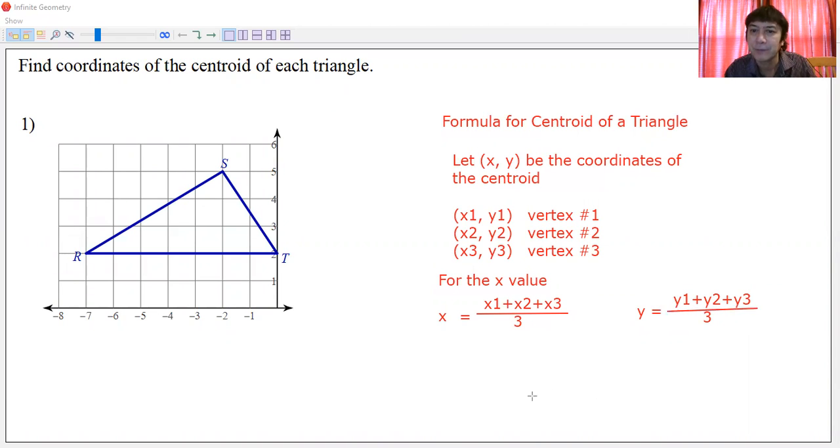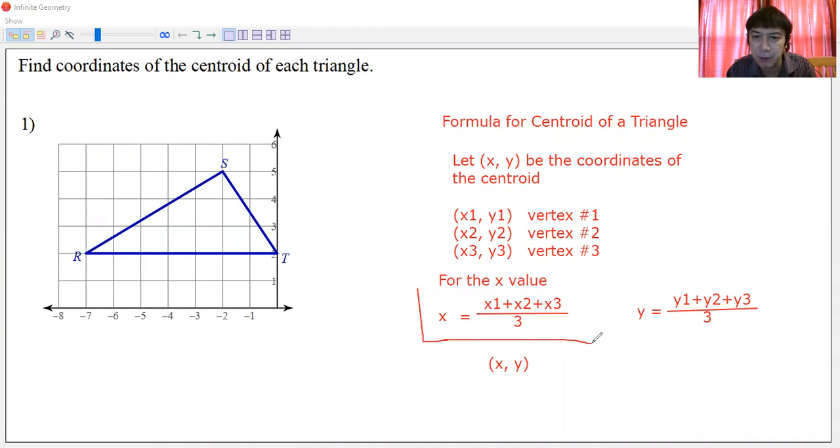So we have the formulas for getting the coordinates of the centroid, which is basically the x and y. For the centroid we have x and y. We can use these formulas over here.